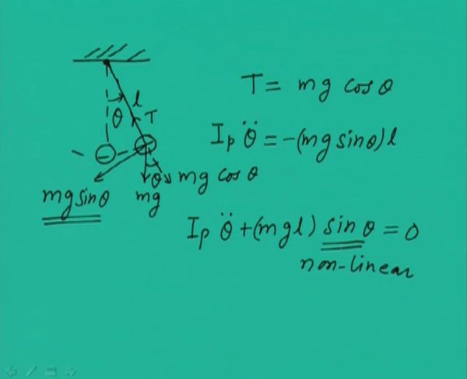So, we assume that theta, whatever displacement we are giving to this pendulum, is small, and if theta is small, then sin theta can be approximated as theta. If we do this, this equation reduces to, we will go to the next slide, IP theta double dot plus mgL theta is equal to 0.